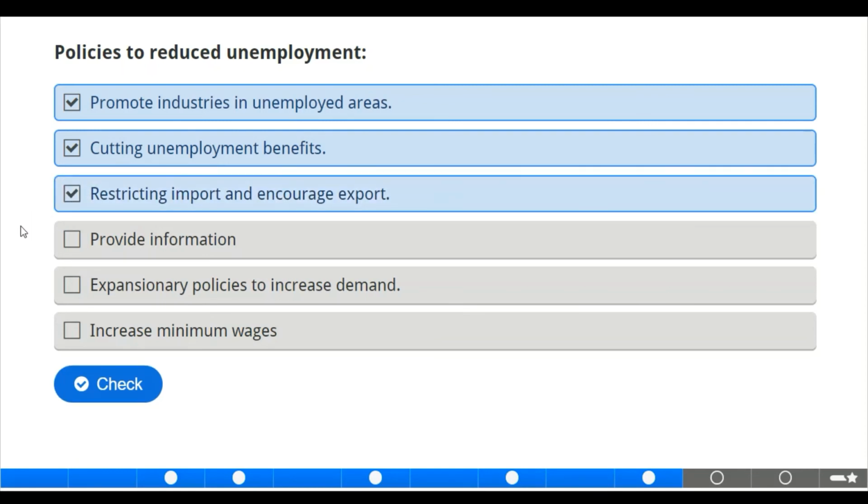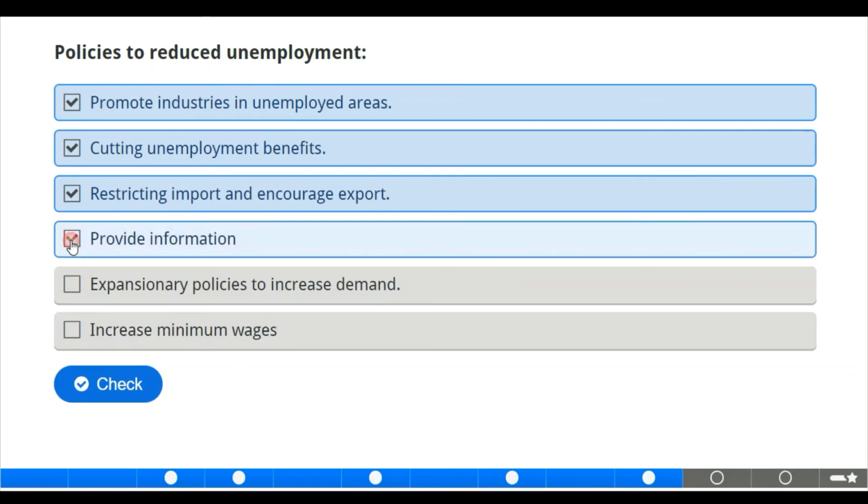Of course, that should also be a policy to reduce unemployment. Providing information is also part of the policies to reduce unemployment, because frictional unemployment can be eliminated to an extent by making information available about job vacancies to the unemployed area.